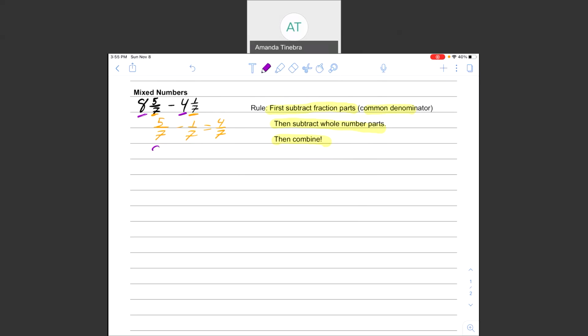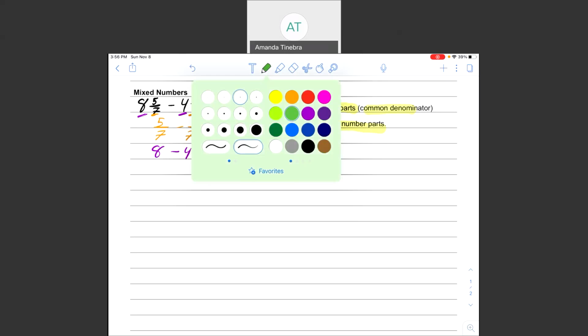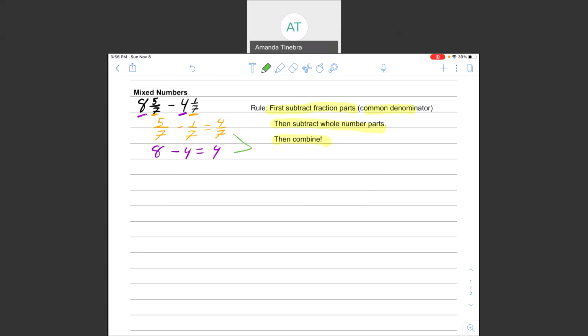So here I have 8 minus 4, which gives me 4. Now the last thing I do is I combine these things together. In this case, 4 and 4/7. That's it. Now that I've done that, I have my entire answer and I'm good.